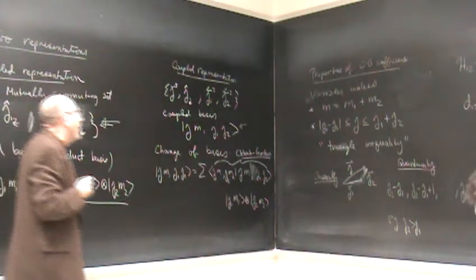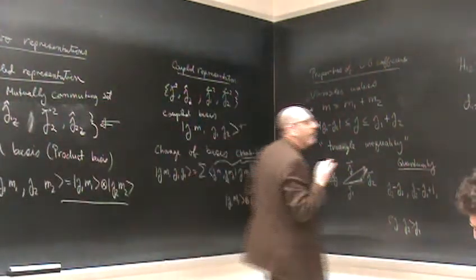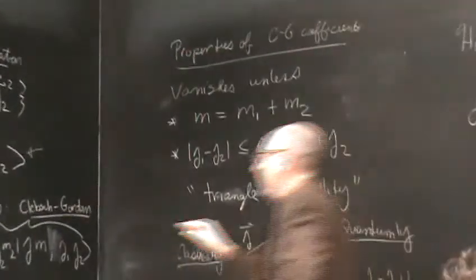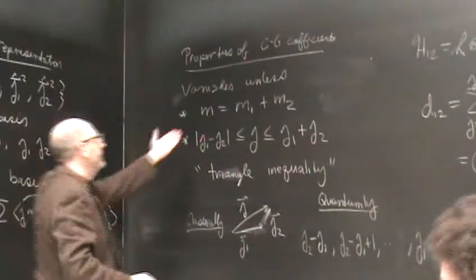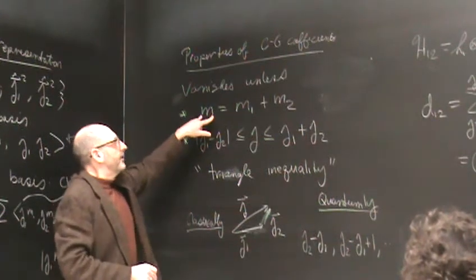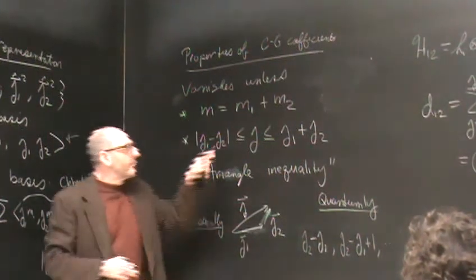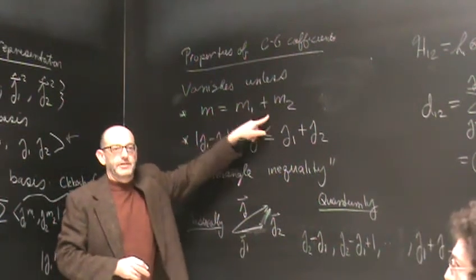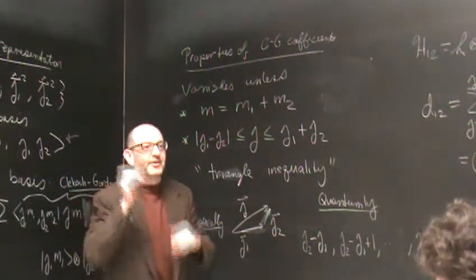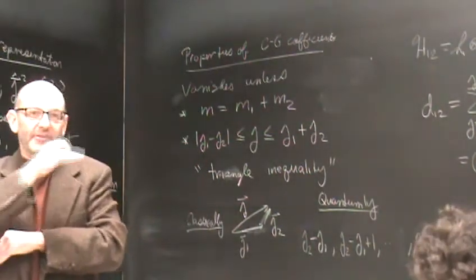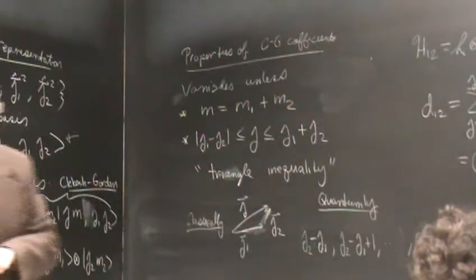Okay? But two important properties of the Clebsch-Gordan coefficients. These coefficients vanish unless these two conditions hold. The m quantum number associated with the total projection must equal the sum of the two projections. Okay, that is to say, the total JZ is just the sum of JZ1 and JZ2. So the m quantum numbers just add that way.